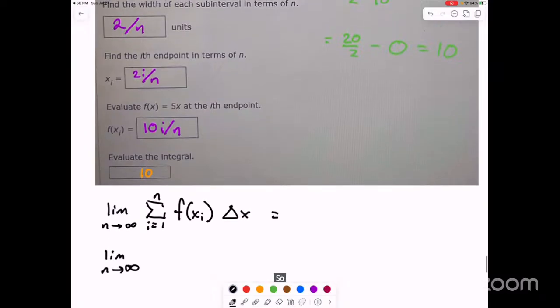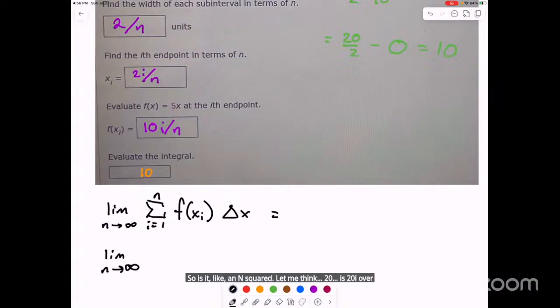So it's an n squared. 20 is 20i over n squared. So that 20 over n squared, I'm going to move to the front. We're going to evaluate the sum as i goes from 1 to n. And I think the only thing that's left is the i. So again, we had 20i over n squared, and we factored out that 20 over n squared, right?